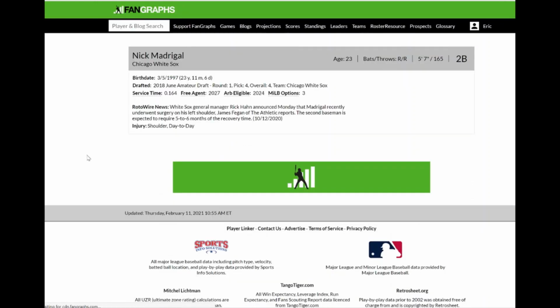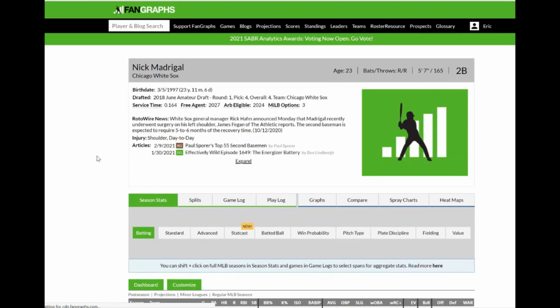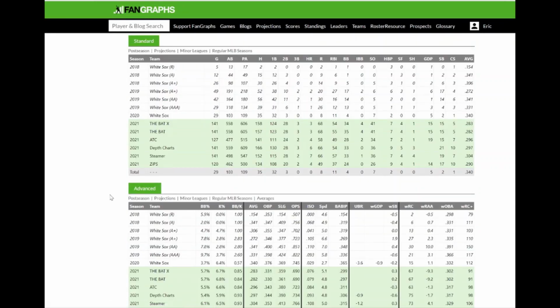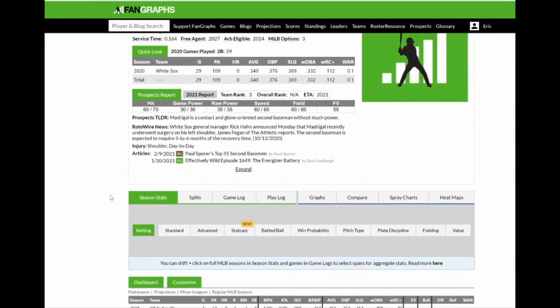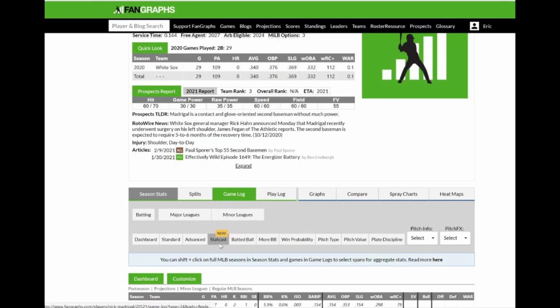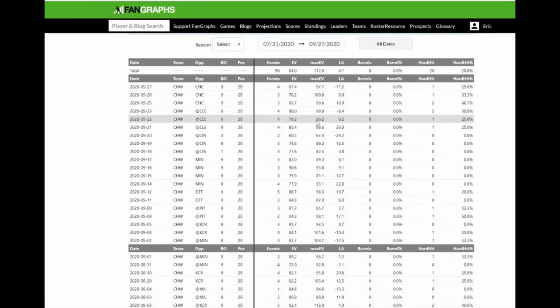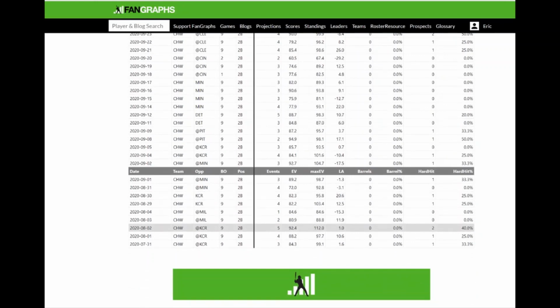So you can access some Statcast stats on our site. If I go to a player page here, here's the Statcast tab. You can see there's a little new flag on there. And I can hover over game log and then click on Statcast. And I can look at Nick Madrigal's game by game max exit velocities. And so here's a 112.